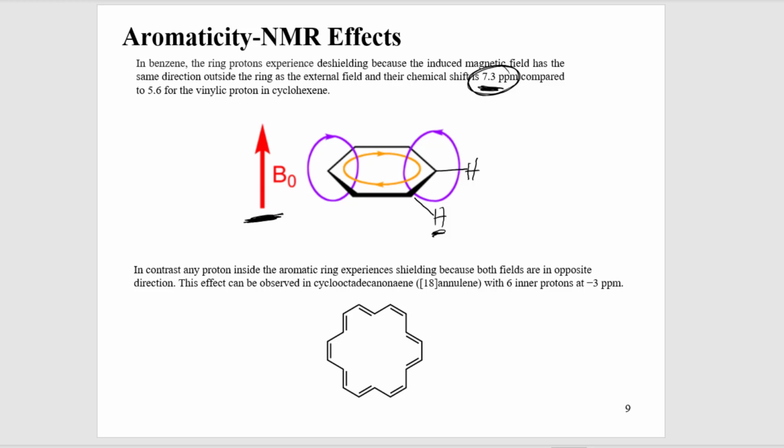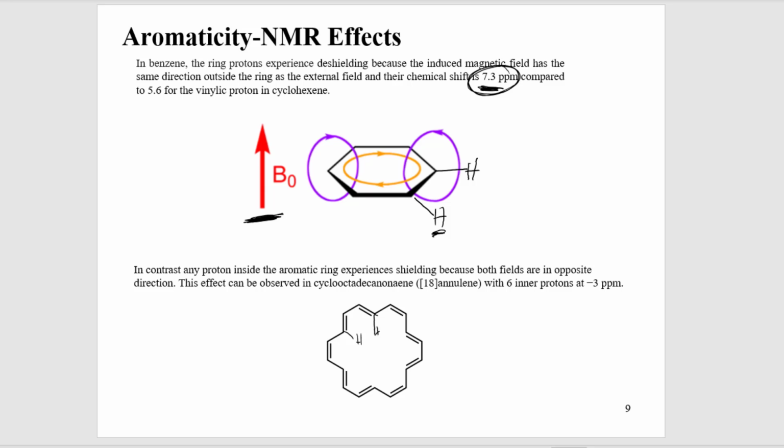But what's really kind of cool about this, to prove the point, is that in contrast, there can be protons inside an aromatic ring, and you might think, well, how could that be? Well, if the ring is big enough, like the one shown below, there are hydrogens that protrude inward.